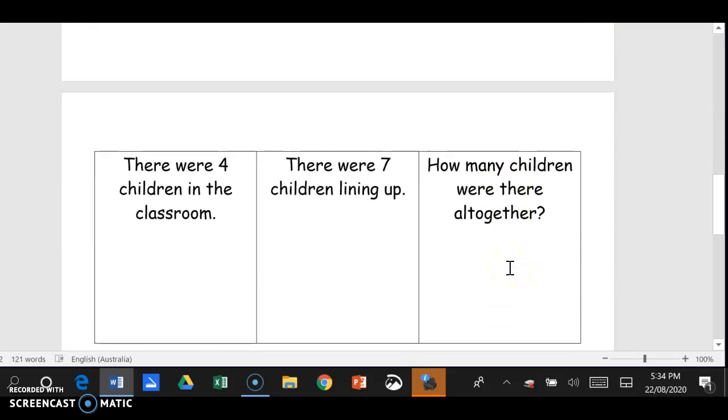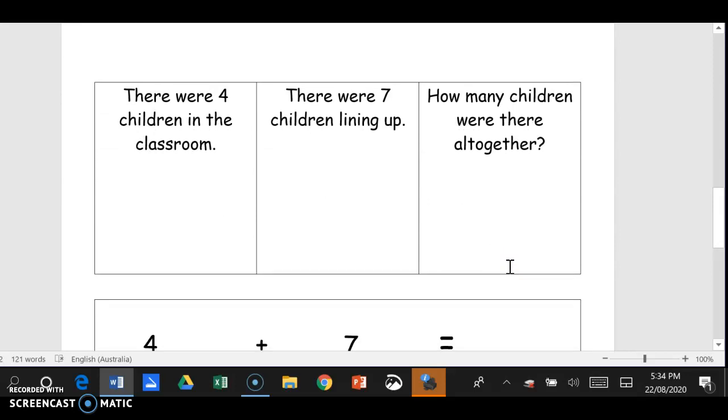All right, so do you get the idea? We're going to do a couple more. And the reason I've left this space is just for you to draw, or you can do tally marks if you want to. There were 4 children in the classroom. There were 7 children lining up.